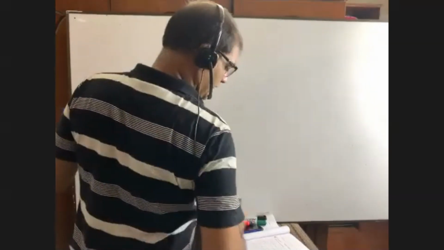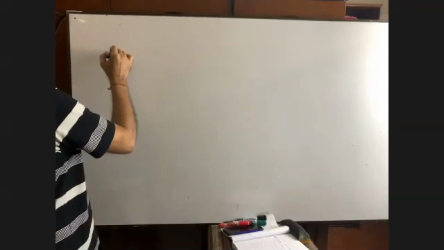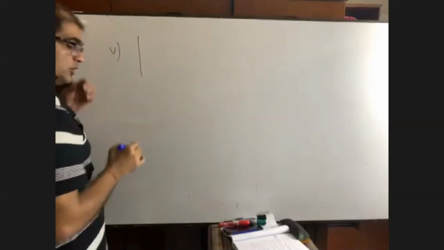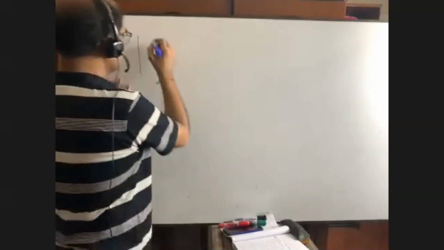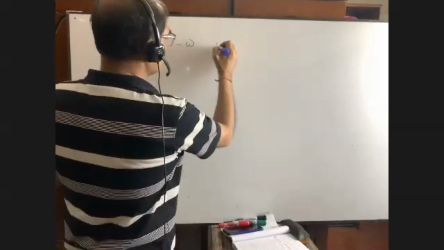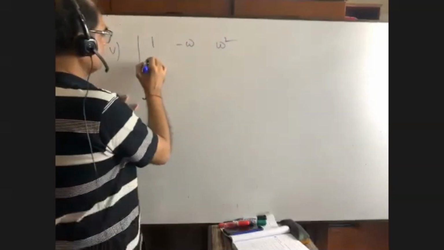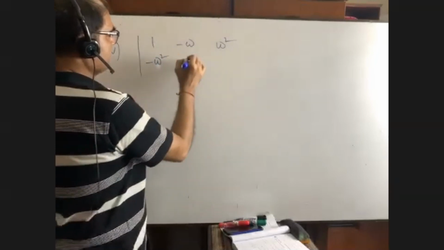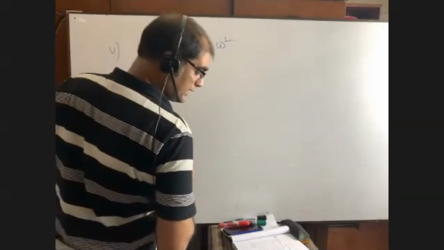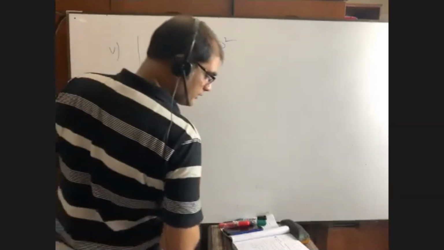Now, why I told you so many things is because we are going to do some other maths on this question number 5. Please see, write down 1, minus omega square, then minus omega square, minus omega, minus omega square.